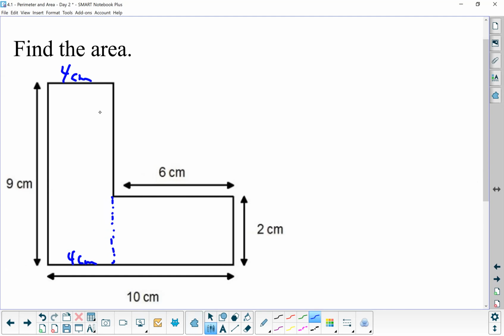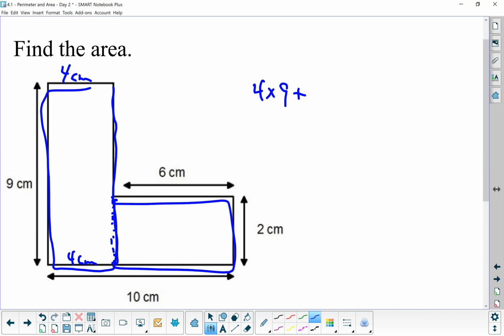What I'm going to do is find the area of this rectangle, 4 times 9, plus the area of this rectangle, 6 times 2. 4 times 9 is 36. 6 times 2 is 12. Add those together. Get 48 square centimeters.